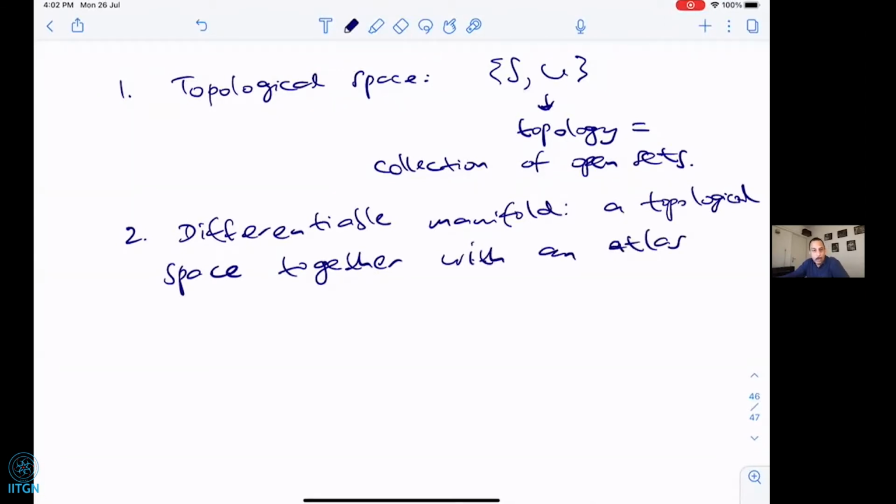Okay, and the atlas had to have the property that on overlaps, the charts were C infinity compatible. Let me go back to the definition of atlas. I think I introduced compatibility a little later. No, it's there. So charts compatible on overlap.